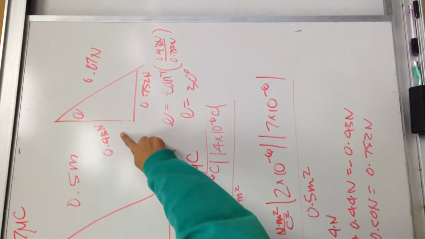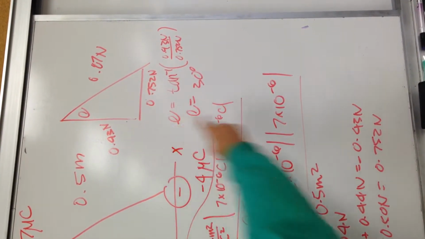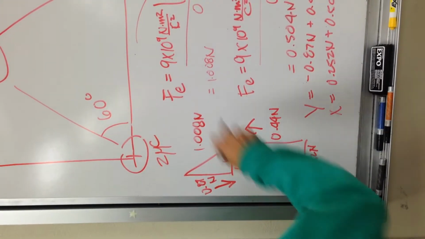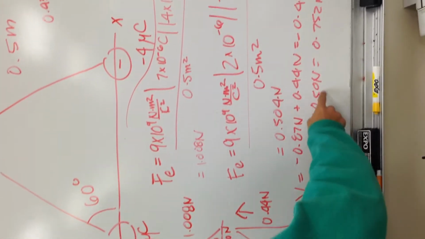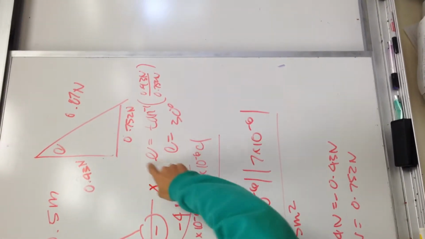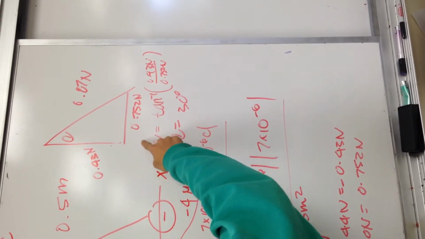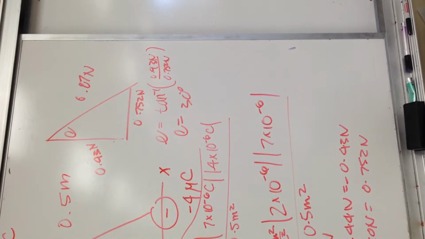So you plug that into your final vector triangle, which is 0.43 newtons, and you do the same for the x directions. But the x directions are moving in the same direction, so you don't need to subtract, you just add them, and you get 0.752 newtons, which you put in your next vector, and use the Pythagorean theorem to get your final answer of 6.87 newtons.